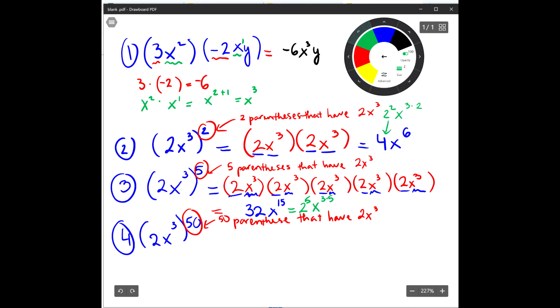So these two numbers right here come from these. These numbers right here come from these. How about the 2 and 5 right here? It actually comes from the 1 here.